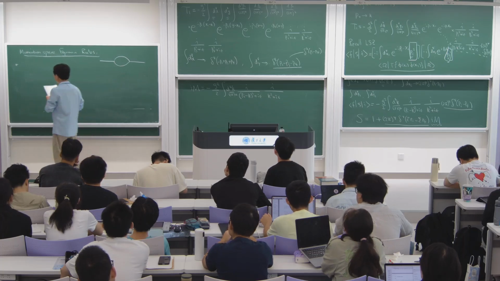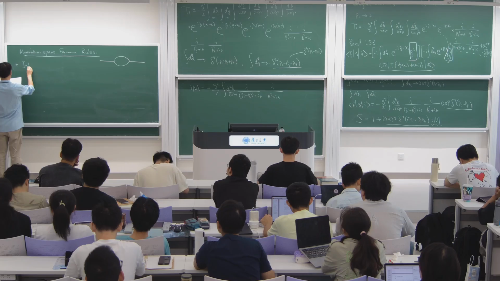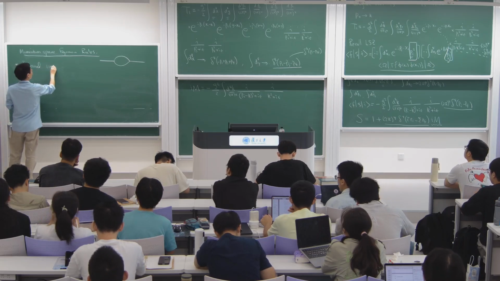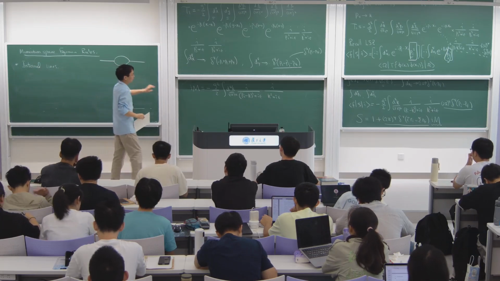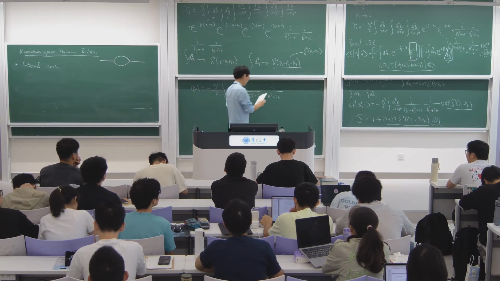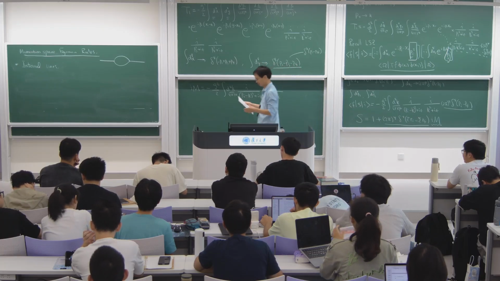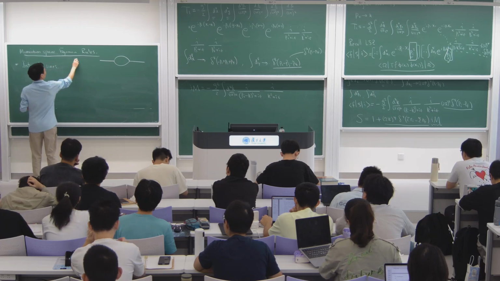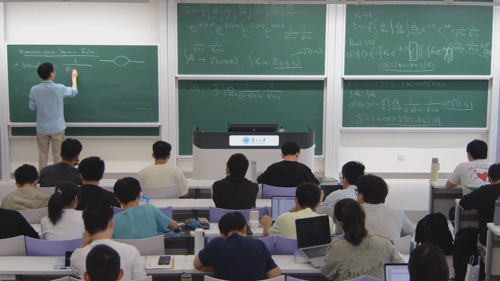Now, for the graph in momentum space, for each internal line, we assign a momentum space propagator. So for each internal line, you have to assign i over p squared.